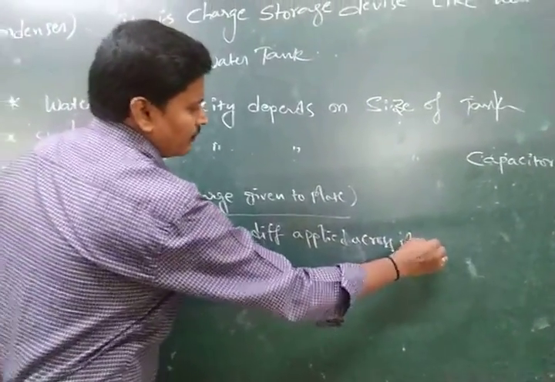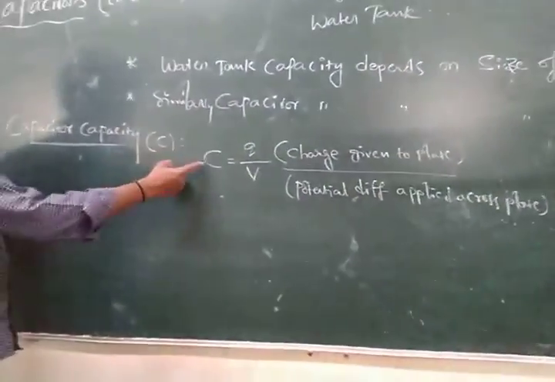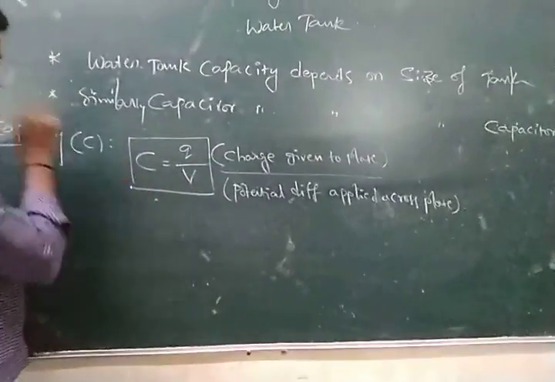So this is called capacitor capacity, the general formula for capacitor capacity.